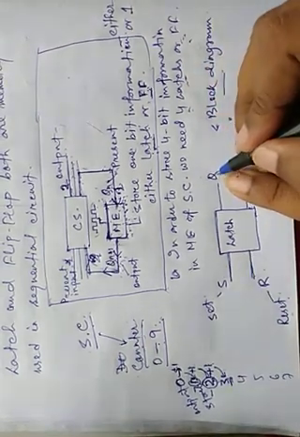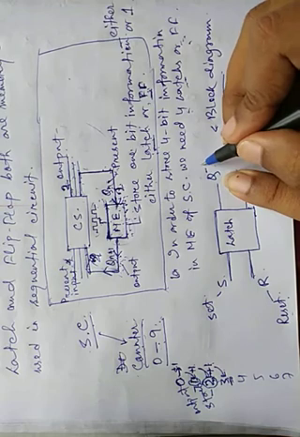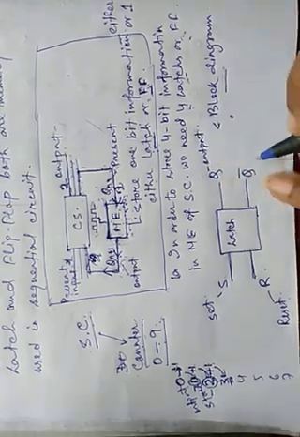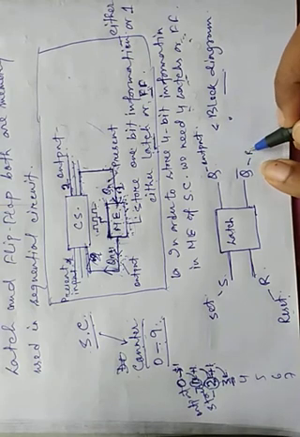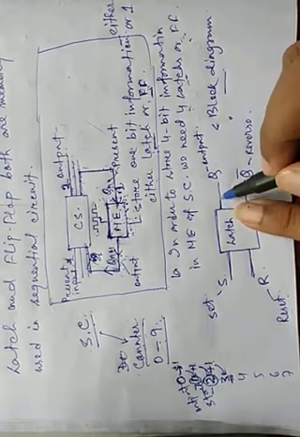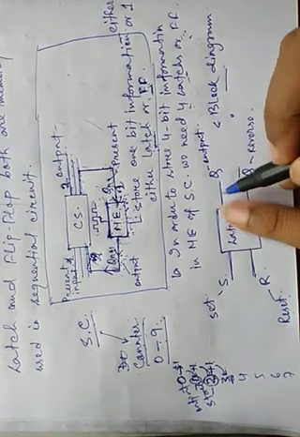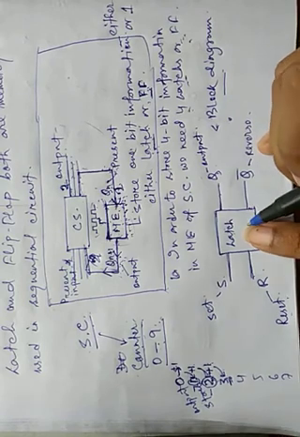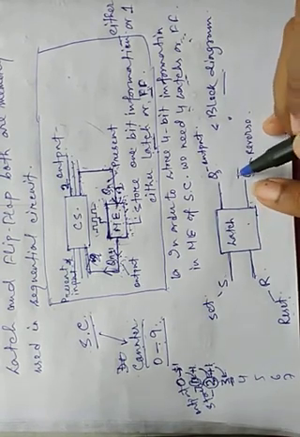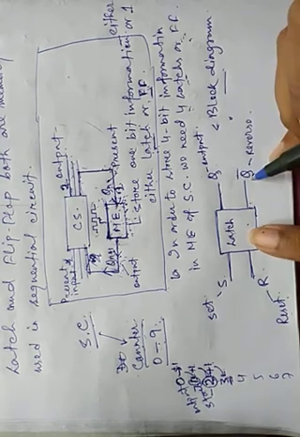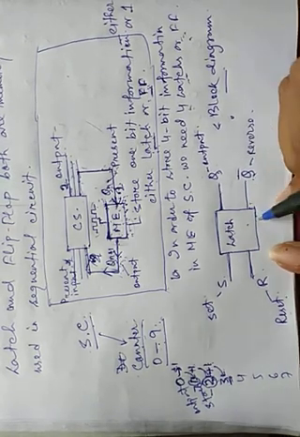Q is the output and Q bar is the reverse output. If we want the value which is stored here, we use Q. If we want the reverse of the stored value, we use Q bar. There are 2 outputs for every flip-flop or latch. This is the block diagram.